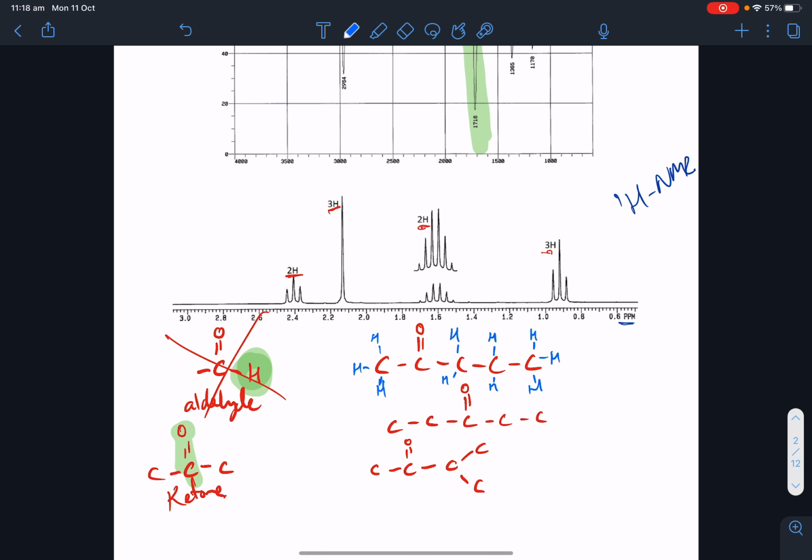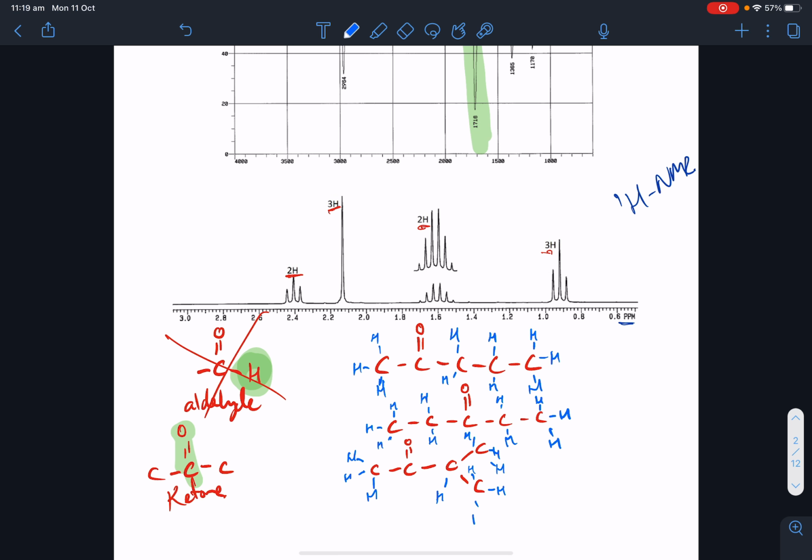Oh, I shouldn't have drawn them this squashy, it's making it harder to see. What we're going to do for each of these potentials is look at how many hydrogen environments they have. I know a few of you might have gotten there already, nice and quick, but we'll take it slow. My writing is so squashy, apologies for that.